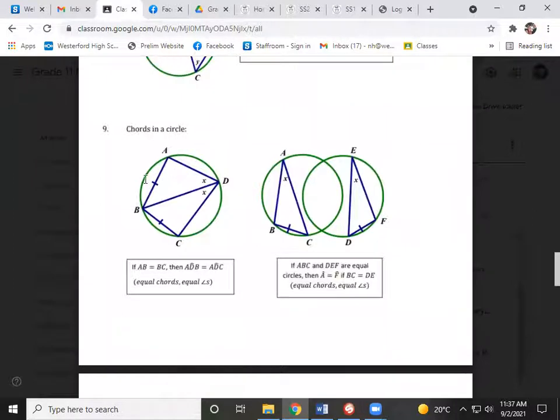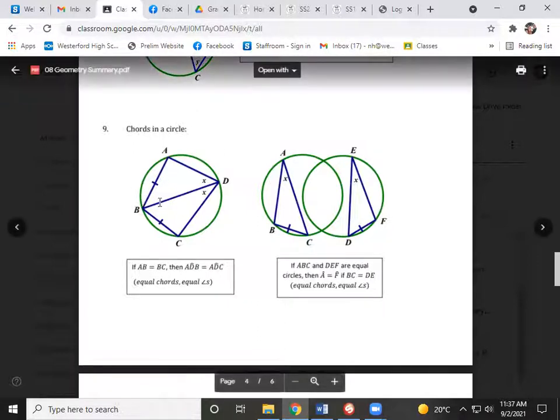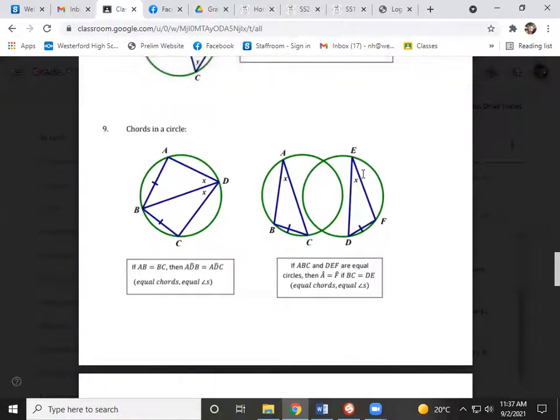Here is the equal chords, equal angles thing, which we haven't worked with a lot, but it has come up once or twice. Remember, if you have multiple chords of the same length, then they will subtend the same angles. And that actually happens if you have different circles as well, but the 2 circles have to be equal. We've often worked with 2 circles where one is small and one is bigger. In that case, you couldn't use this.